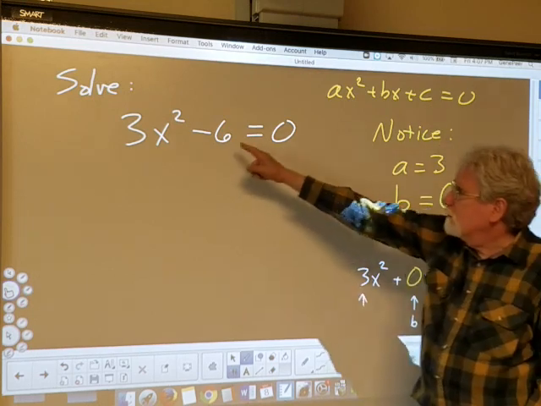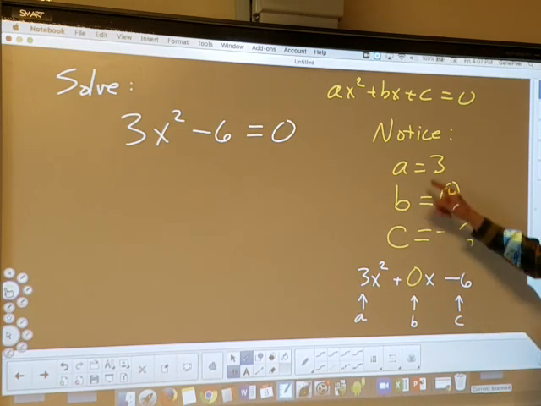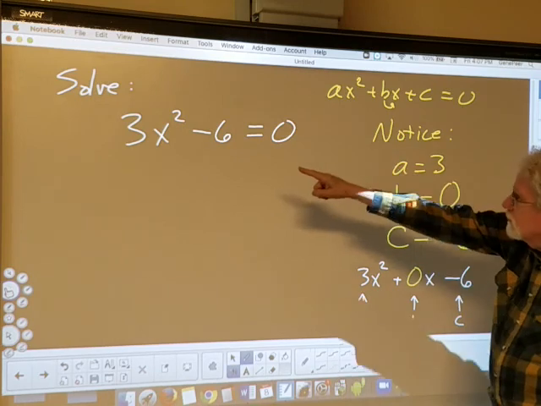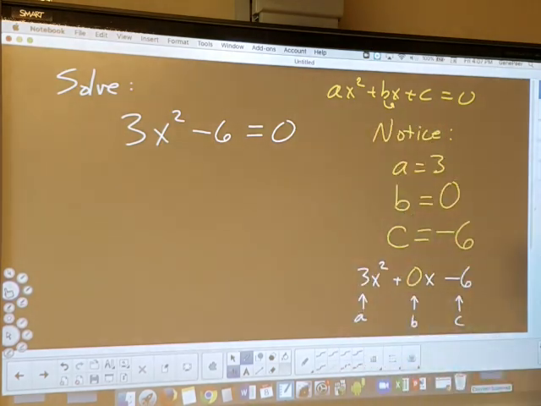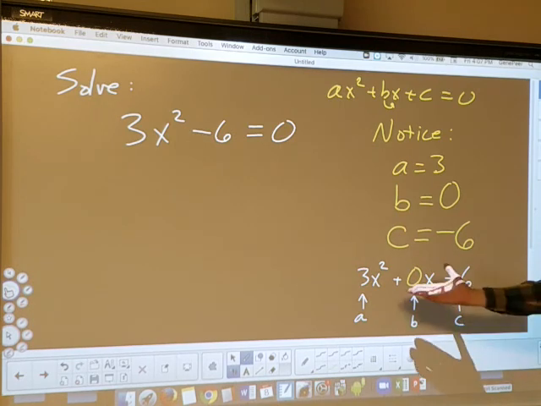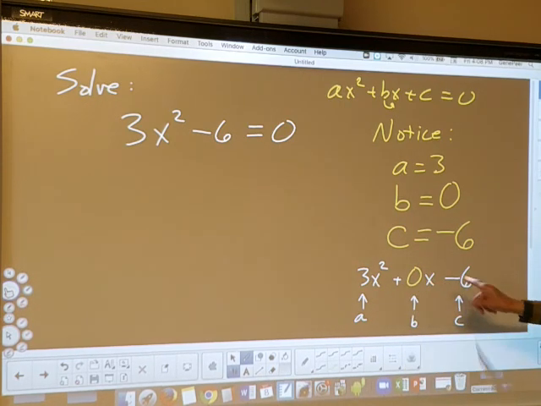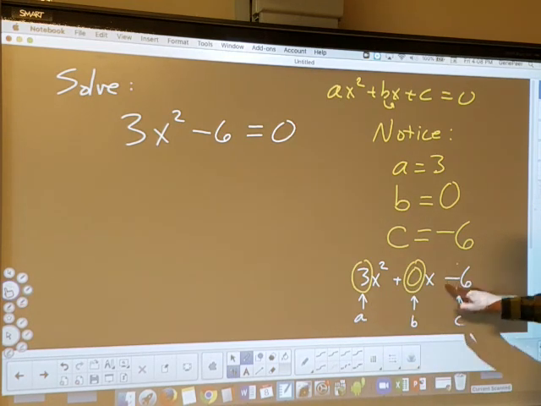C is negative 6. That's not b, that's c. Because b has to sit next to an x. There's no x in here, so b is 0. C is negative 6. We can write it out in standard form as 3x squared plus 0x minus 6. There's a, there's b, there's c. That's going to become extremely important later on.